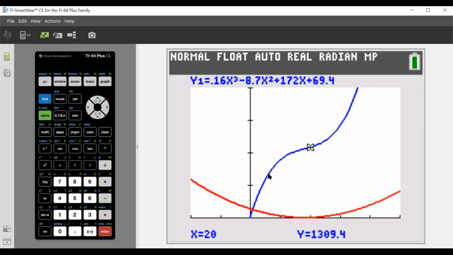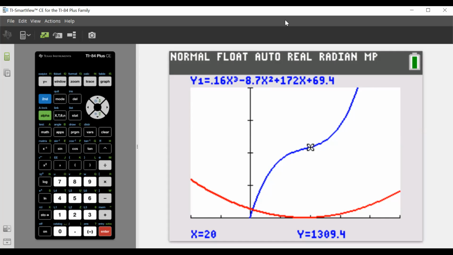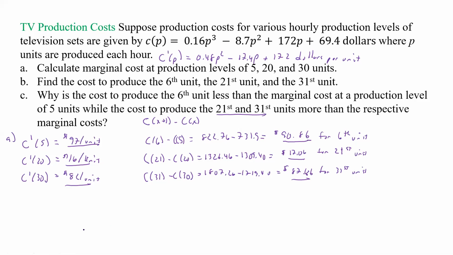That's why it's 97 versus 90.86. If this is the 5 and this is the 6, the tangent is overestimating what it is going to be for here. So that's why this is larger than this, because of the overestimation.